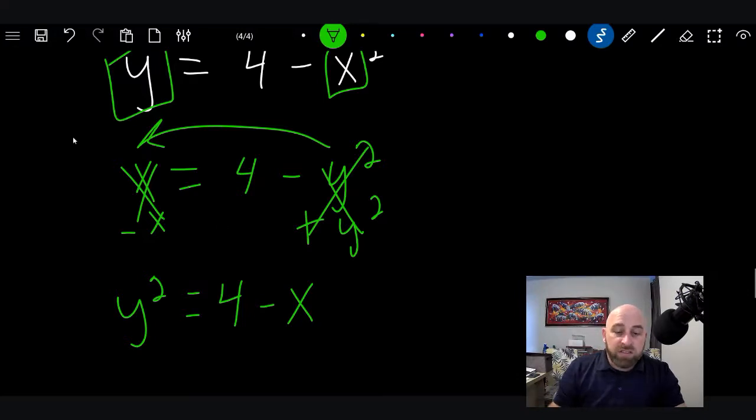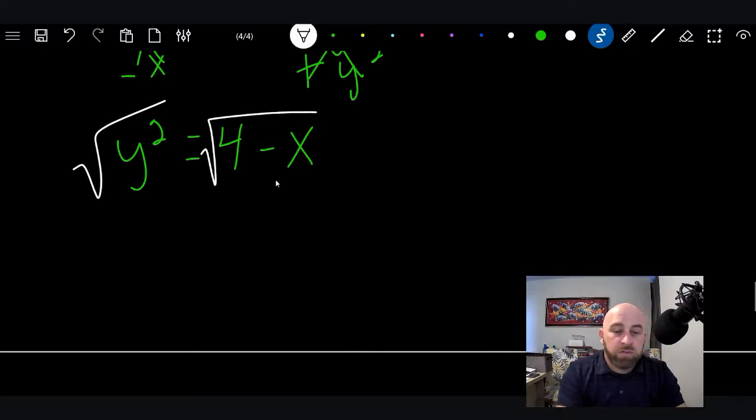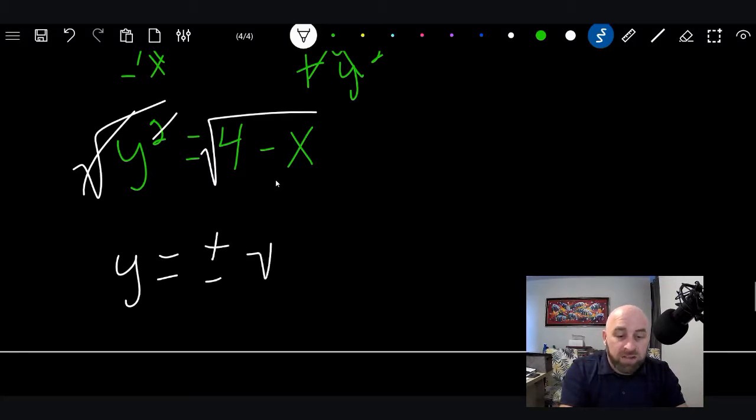Now I want you to see something. Our solution is not done yet because we have this. How do we get y by itself? Well, we square root both sides, right? So when we square root both sides, that cancels and we get y equals, and don't forget we have to do something right here. We have to put a positive and a negative square root of 4 minus x.